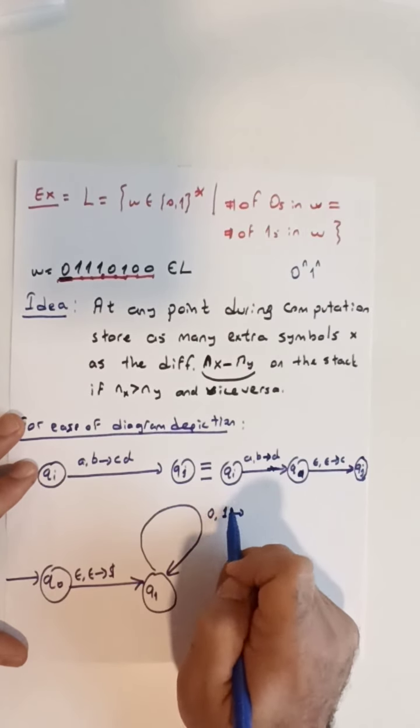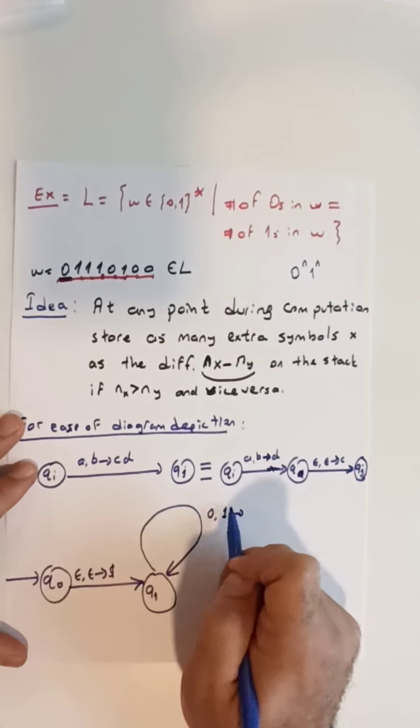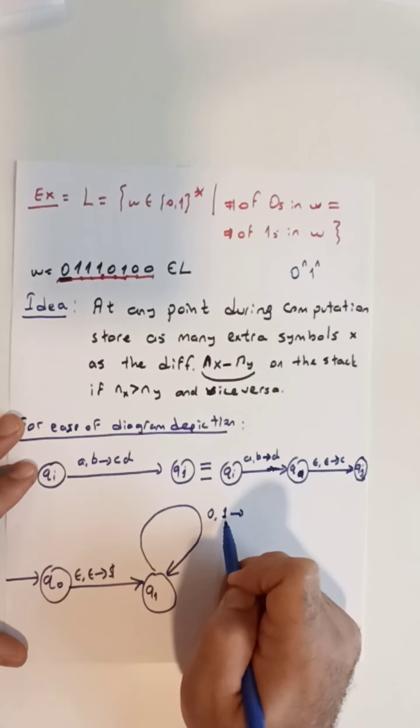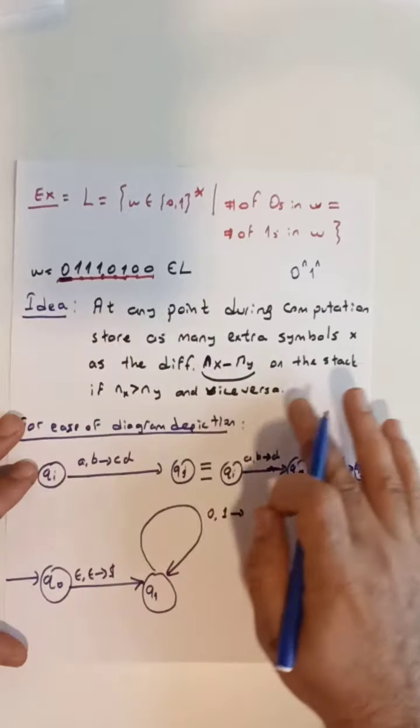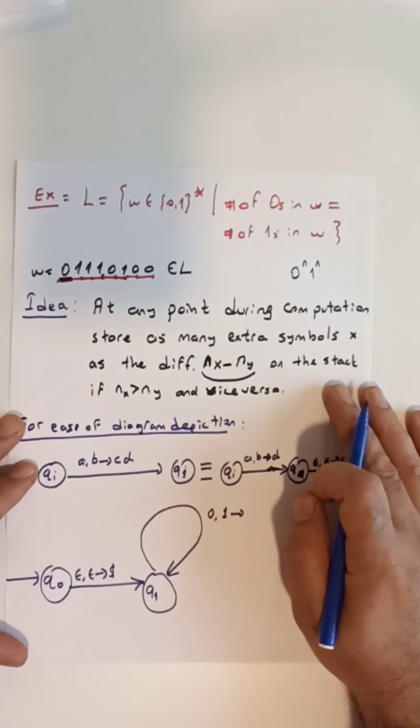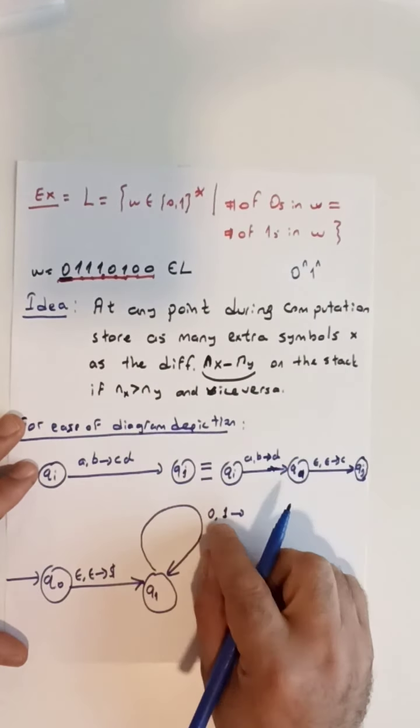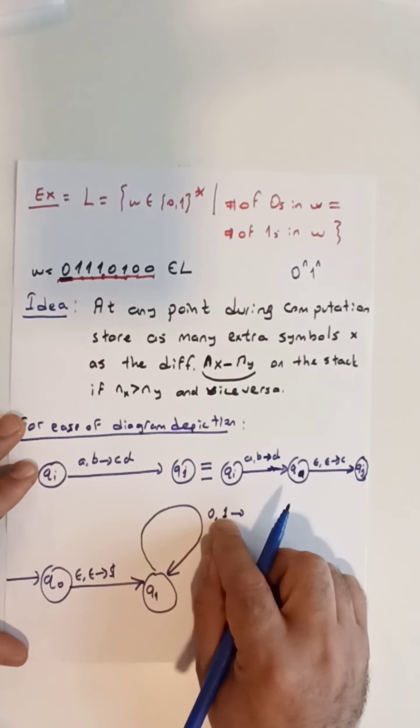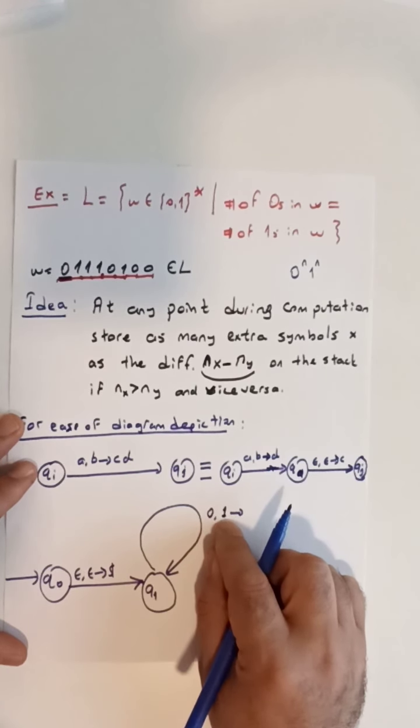Note that what is the meaning of popping a 1 from the stack? It means that if we are carefully applying this idea correctly so far, the number of ones in the input were more than the number of zeros, and the stack contains exactly that difference, many ones in the stack.